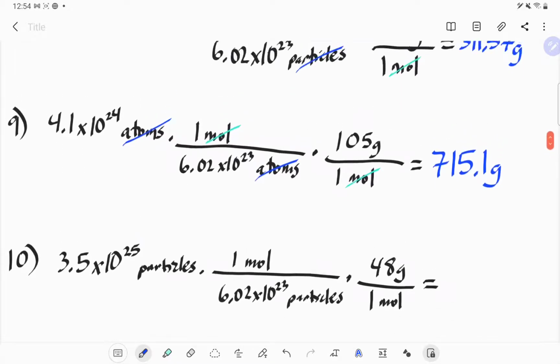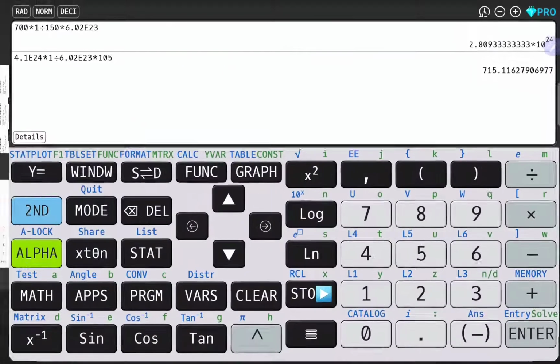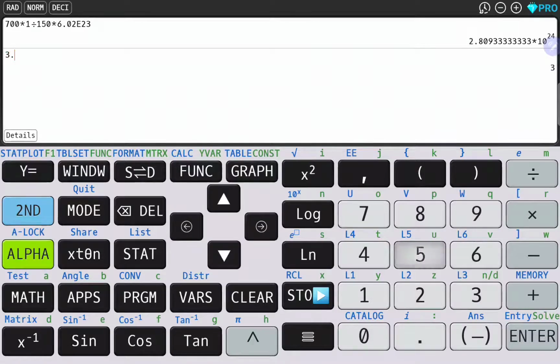All right, we have one more problem. Let's try to do this on our own, then pause the video and check your answer with me. I'm going to clear this. We have 3.5 second E 25, meaning 3.5 times 10 to the 25th, times 1, divided by 6.02 second E 23, times 48, divided by 1.